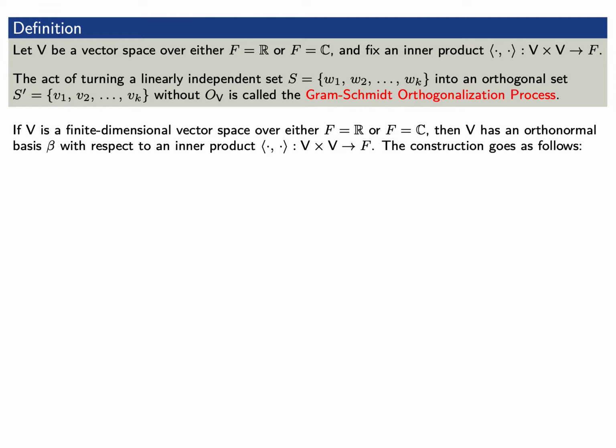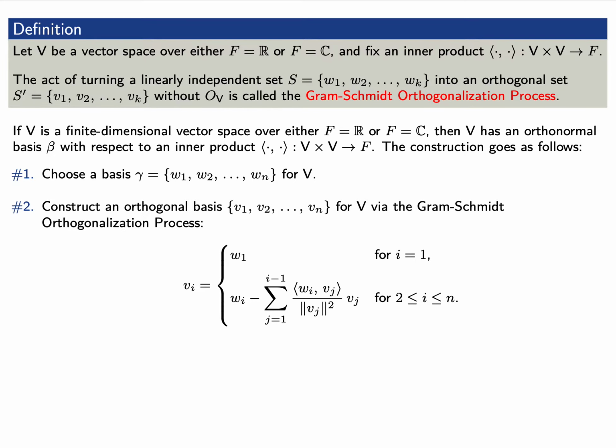Say that we do wish to write an orthonormal basis beta. The construction goes as follows. First, let's choose any basis gamma in terms of vectors W sub i. Second, we'll construct an orthogonal basis in terms of vectors V sub i, as you see here on your screen.